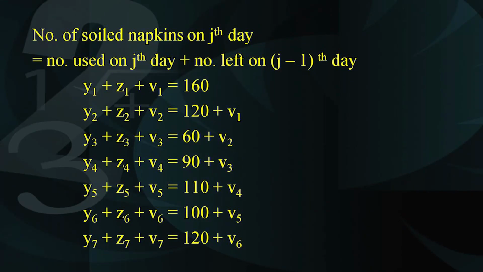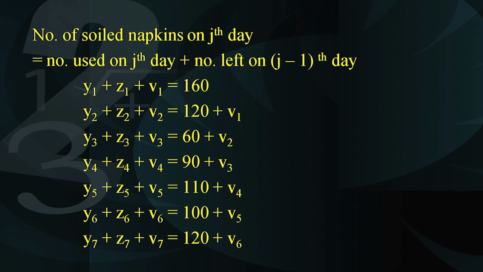So, these are all the 7 constraints for each of the 7 days. Now, the number of dirty napkins on the jth day is equal to the number of used napkins on the jth day plus the number of napkins left on the j minus 1th day.